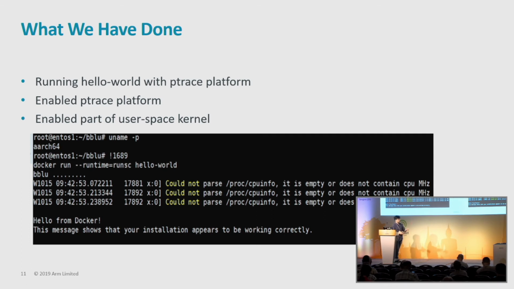Please see this picture. As you see, we can already run the hello world container on the ARM platform. Please notice the runsc command in the picture. It means we run Docker with the runsc runtime. Maybe in the end, if the time is enough, I can show a quick demo for it.